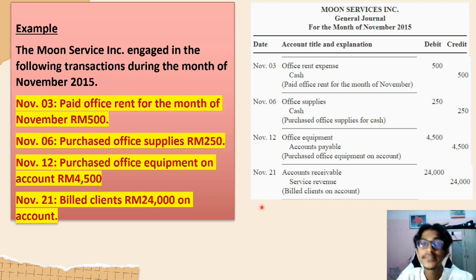So this is the format that we have to follow in order to record in the general journal: date, account title and explanation, debit and credit. In order to record a transaction, the owner has to identify which account is to be debited, which account is to be credited, and which accounts are involved. This is the basic knowledge the owner needs in order to record in the general journal.